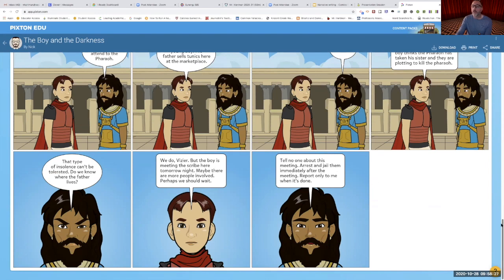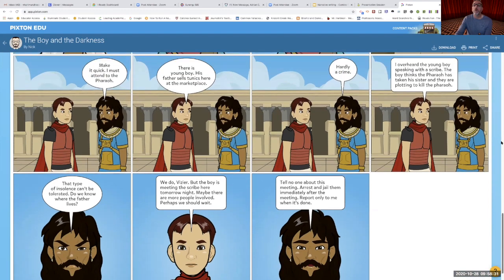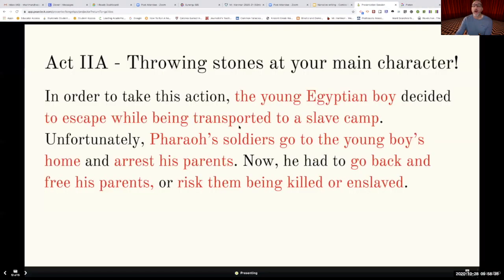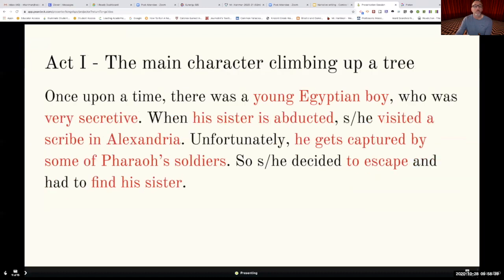So that is where I left it. So if I go back here, now I know that this right here, I'm sort of in the middle. I'm still in the middle of Act 1. So I'm getting to the point where the next part of the story, unfortunately, he gets captured by some of Pharaoh's soldiers.